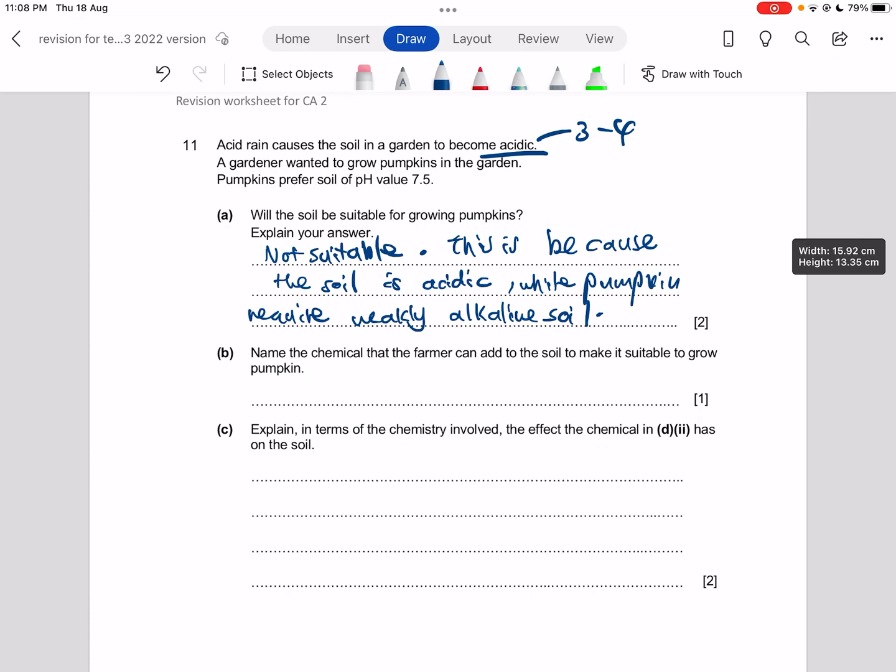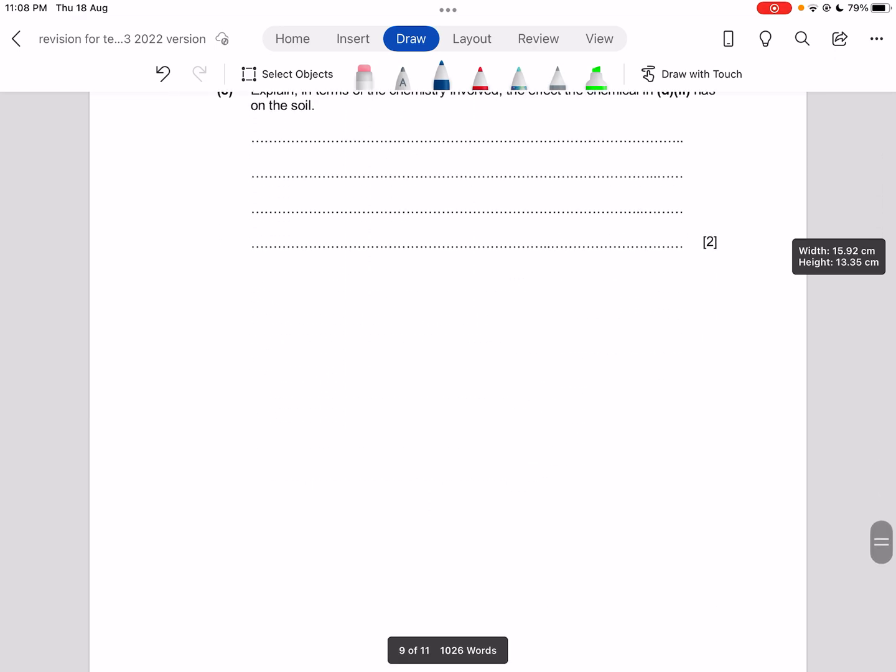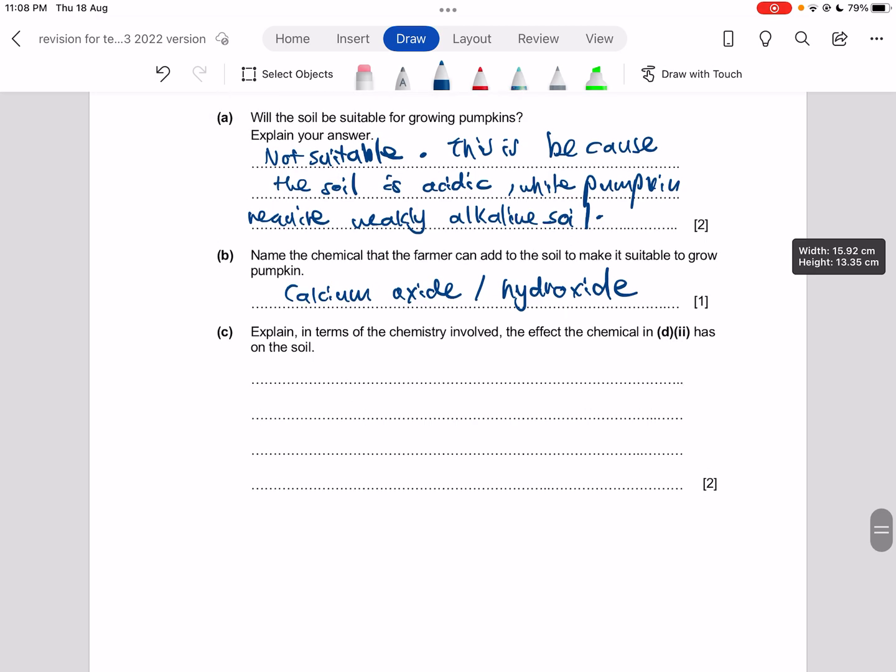Okay, name the chemical that you can add. This one is up to you. You can say calcium oxide or calcium hydroxide. And you look at this. Explain in terms of chemistry the effect the chemical has on the soil. Not part D, this is part B. Let's say you choose calcium oxide, same thing as just now.